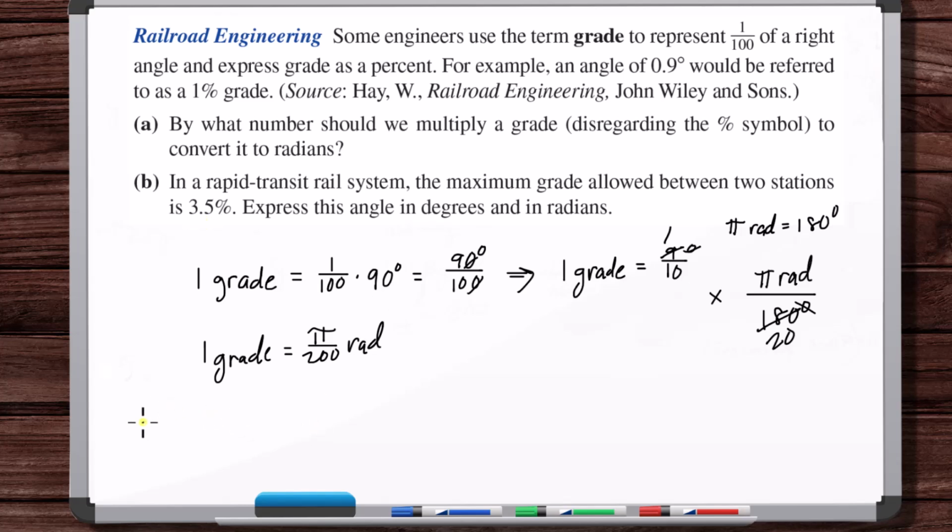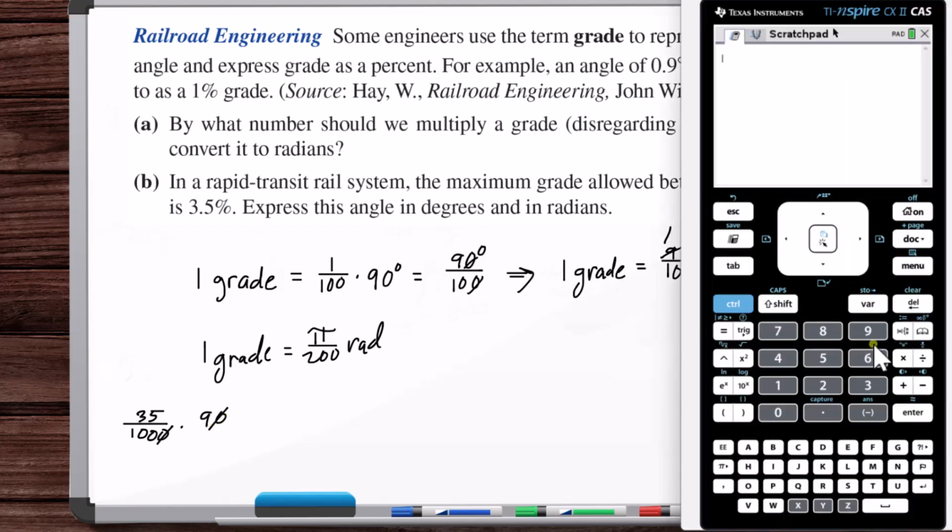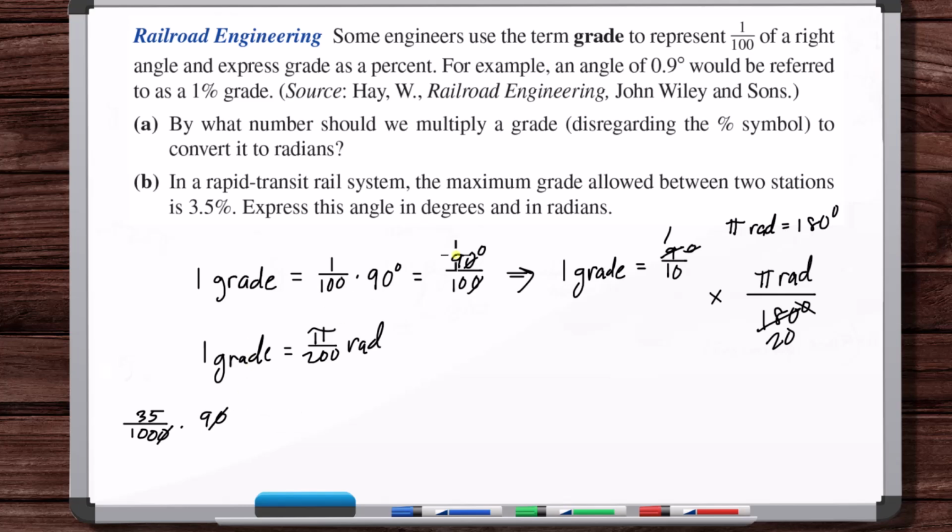So 3.5 over 100, so 35 over 1,000 of a right angle. So 9 times 35, 315 divided by 100, 3.15. So part B, it's 3.15 degrees.